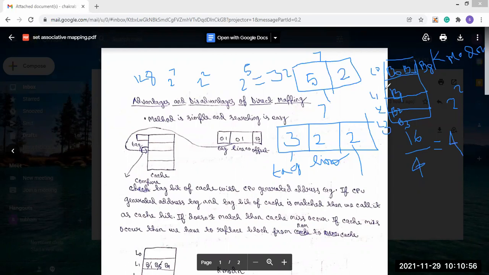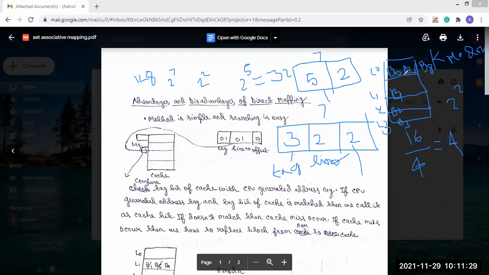So many blocks, B0, B4, B8, B12, all of these can be present in line number 0. But at a time, which block should be present in that particular line? Let's say the tag bit specifies that among B0, B4, B8, B0 is present at that particular time, because all the blocks cannot be present at the same time.